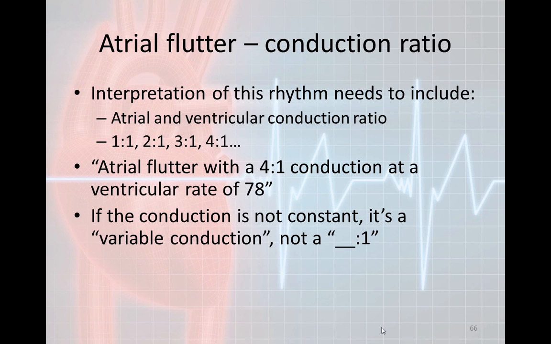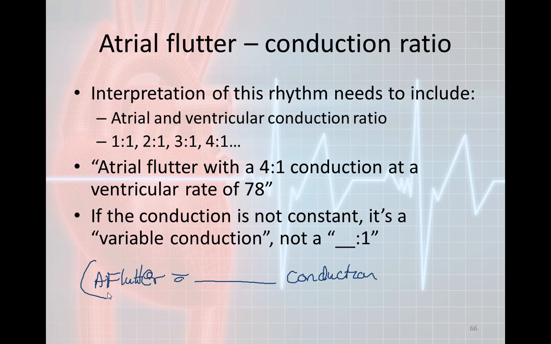So let's talk about the conduction ratio in atrial flutter. Whenever you interpret atrial flutter, you're not just supposed to put atrial flutter. You need to put it with some kind of conduction.